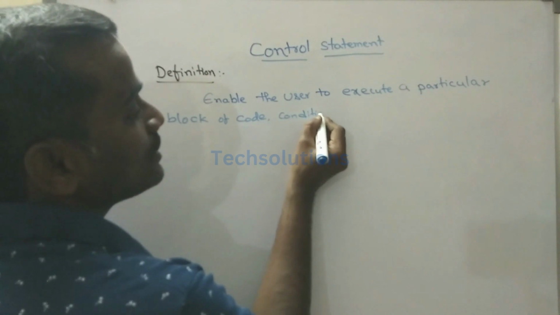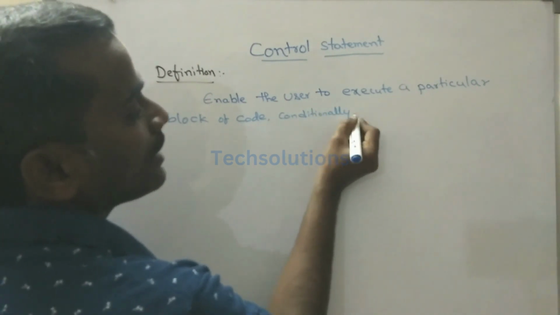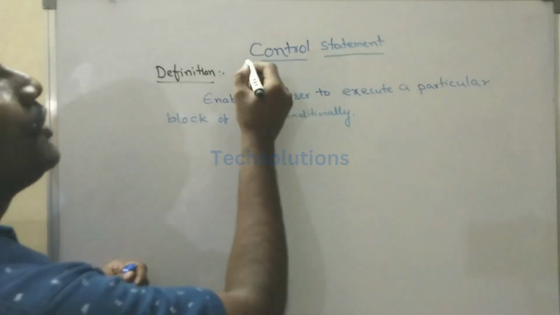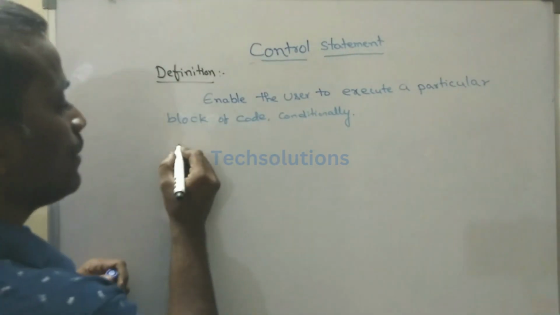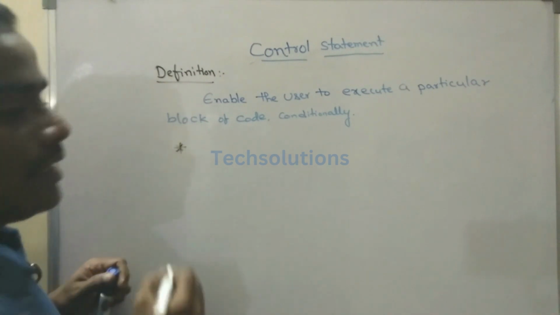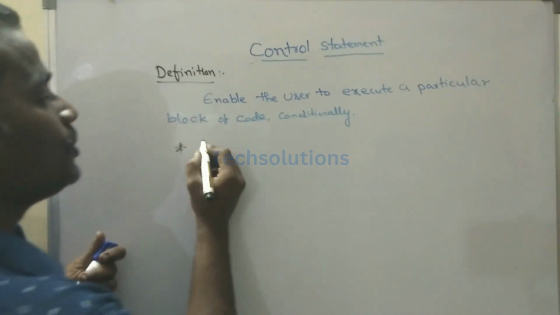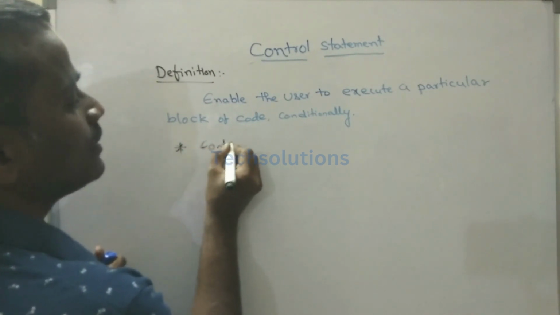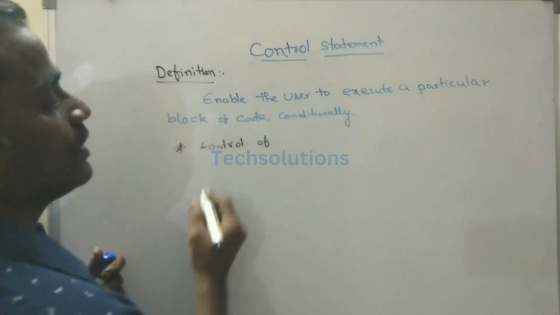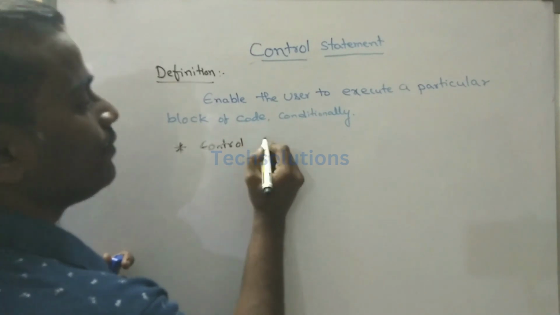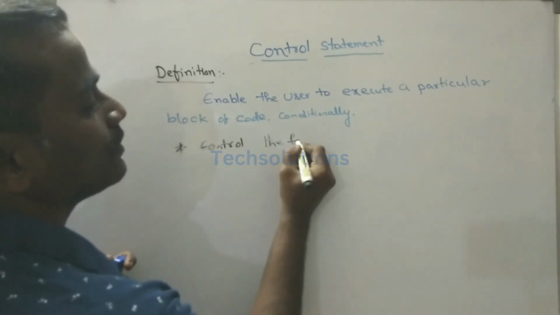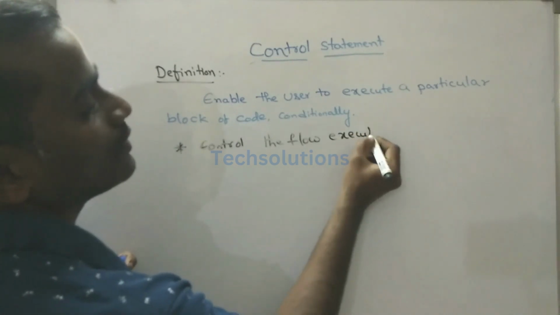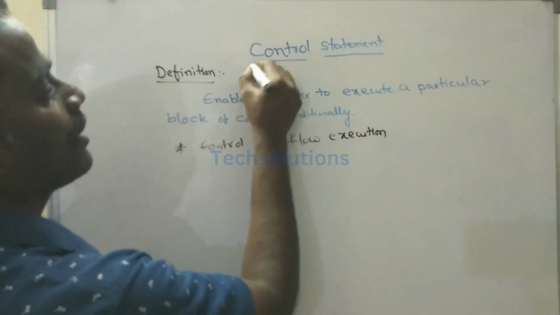Based on the conditions, we can execute a particular block of statements, called control statements. Simply, control statement means we have to control the flow of execution. That is the need of control statements.